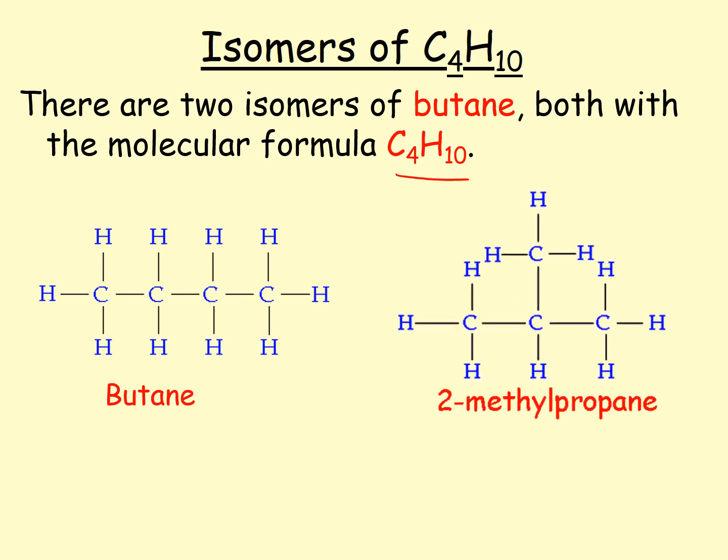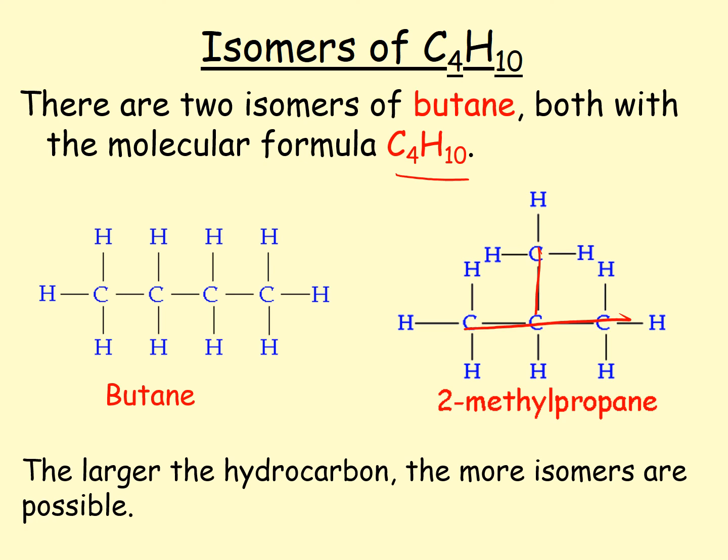However, if we move one of the carbons so that it looks more like an L shape, or T shape, we get 2-methylpropane. So it's slightly different and another isomer. The larger the hydrocarbon, the more possibilities for isomers you get.